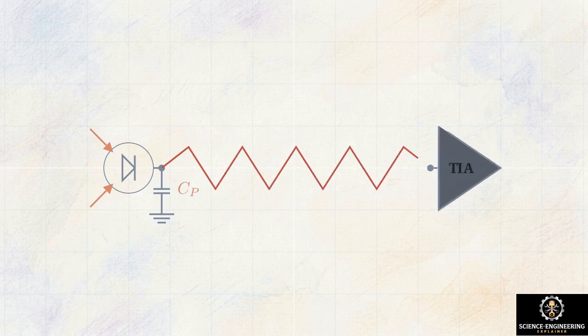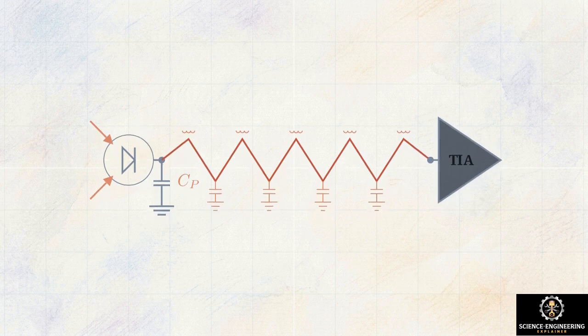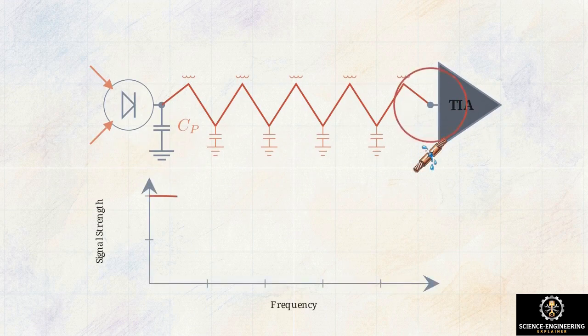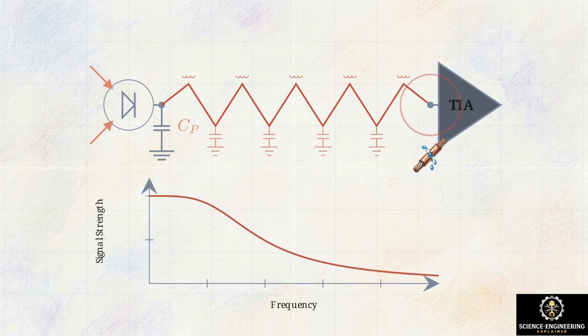Consider the physics inside an optical receiver. The photodiode has inherent parasitic capacitance, labeled here as CP. When you connect that photodiode to a transimpedance amplifier across a wire bond, you introduce additional capacitance and inductance. Together, these create a dominant low-frequency pole at the input node. Because of this parasitic pole, the signal rolls off prematurely.